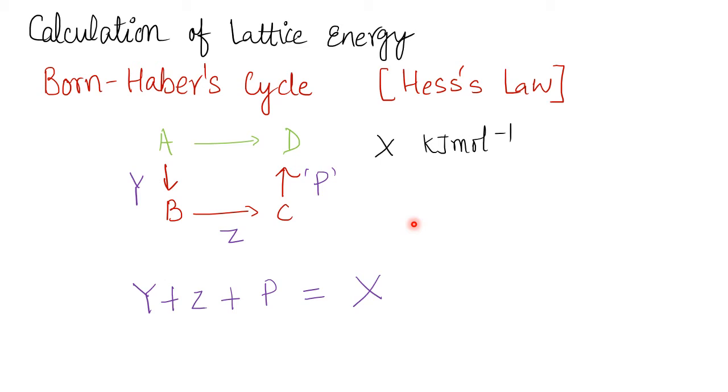So the final destination is the same. That is what Hess's law says: whether the reaction takes place in one step or in many steps, the total enthalpy change remains the same. It is a very important question from the JEE or NEET point of view.